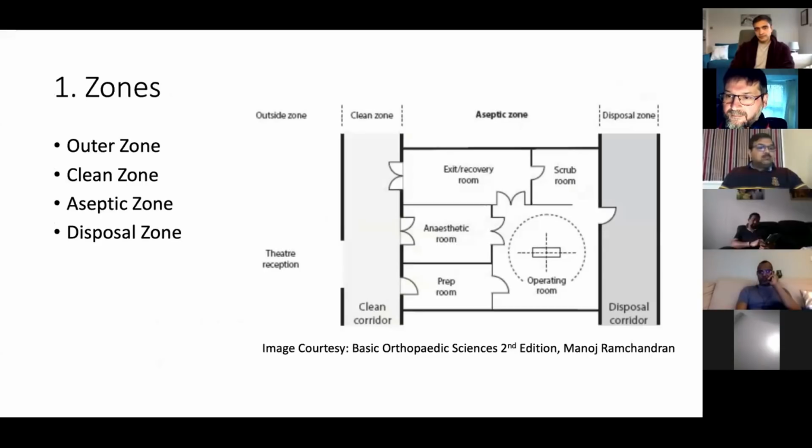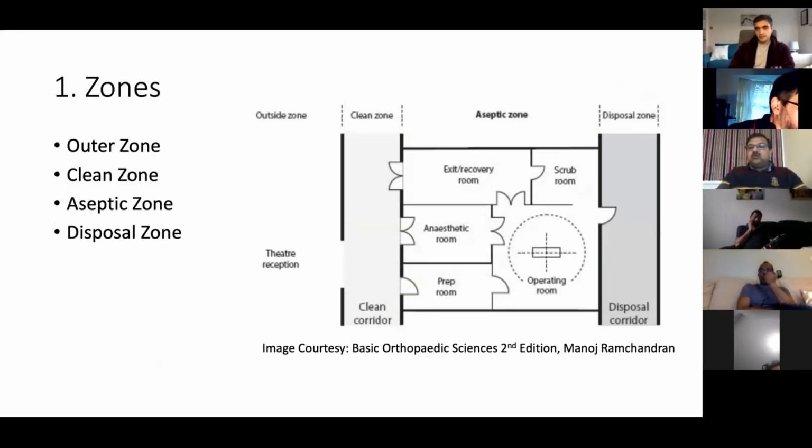So, looking at this picture, zones. This is directly from Ramachandran's Basic Orthopedic Sciences. Nothing new in here. The theater zones are divided into 4. The outside zone is anything outside the theater area, which means all of the hospital, including the theater reception.